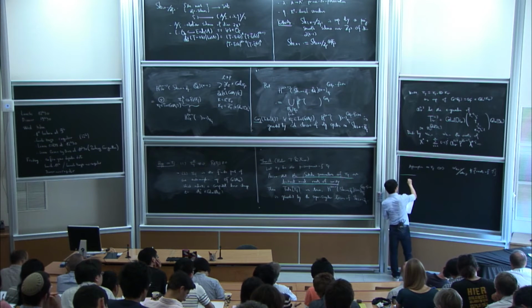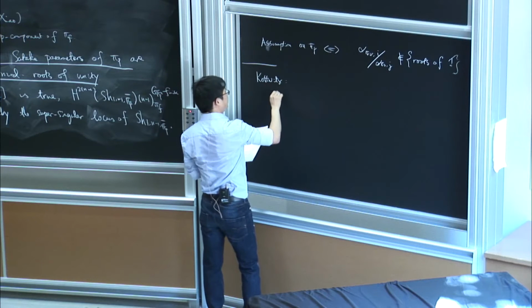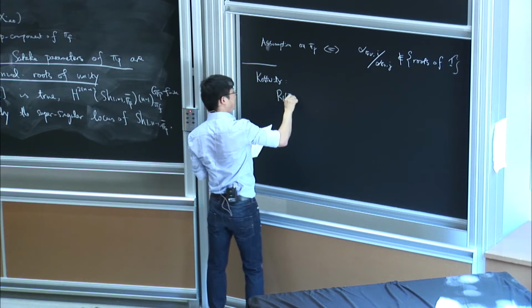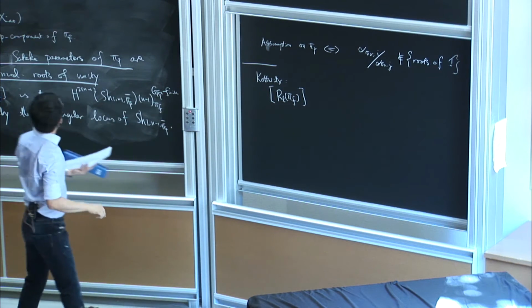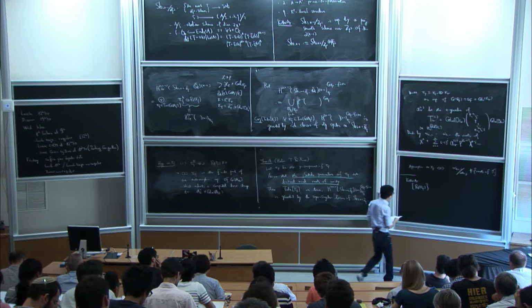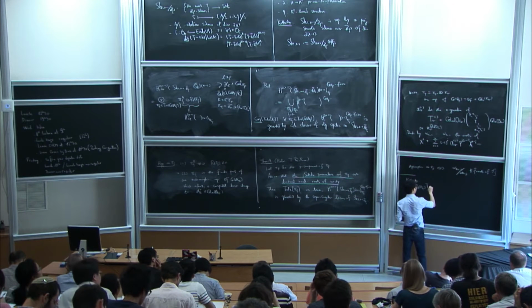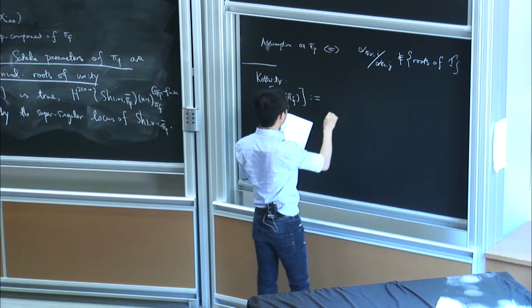This is because, according to Kottwitz, we have a very explicit description of the Galois module R^i pi f in the Grothendieck group of finite dimensional representations of the finite Galois group.